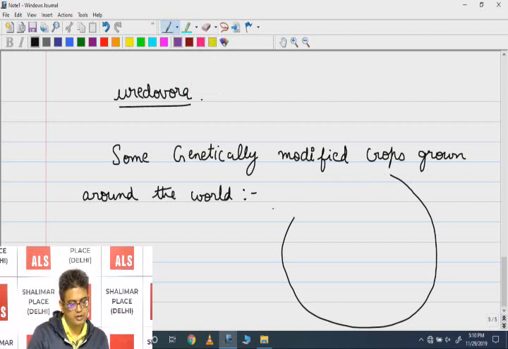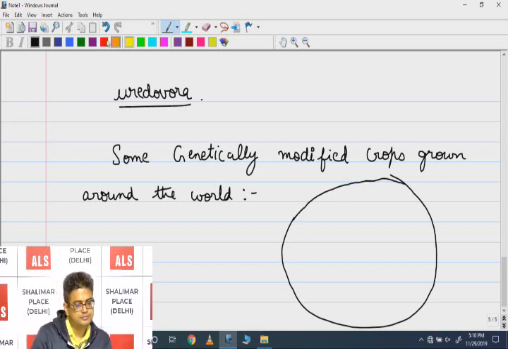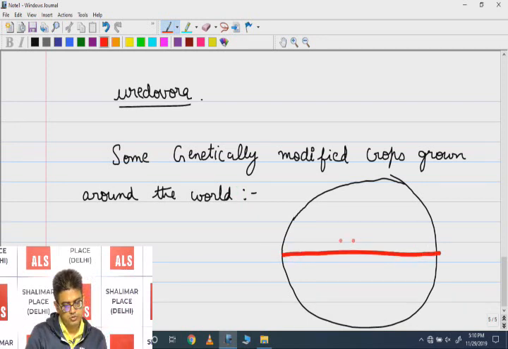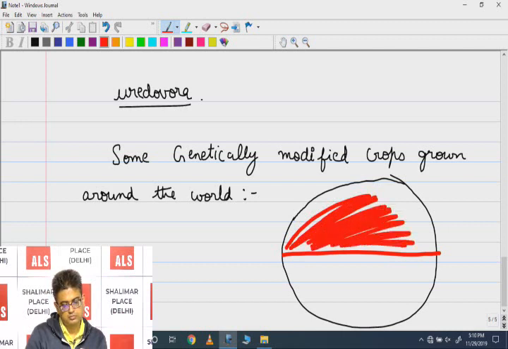If I make a chart, then in this chart, if I talk about soya bean, it makes 50% of all GMO crops around the world. This is for soya bean.